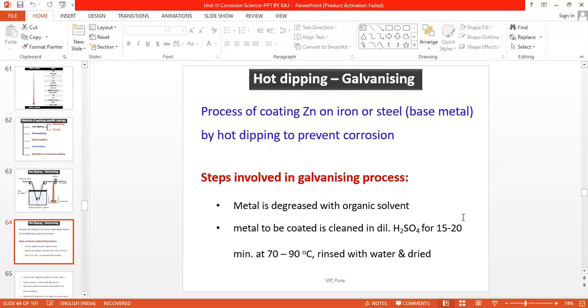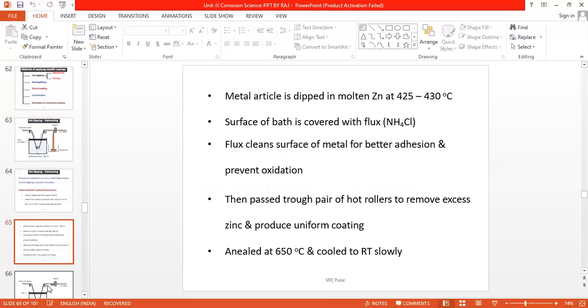Metal to be coated is cleaned with dilute H2SO4 for 15 to 20 minutes at 70 to 90 degrees Celsius, which we have called the pickling process, and then it is rinsed with water and dried to room temperature. After the surface treatment, we have to carry out the galvanizing process.